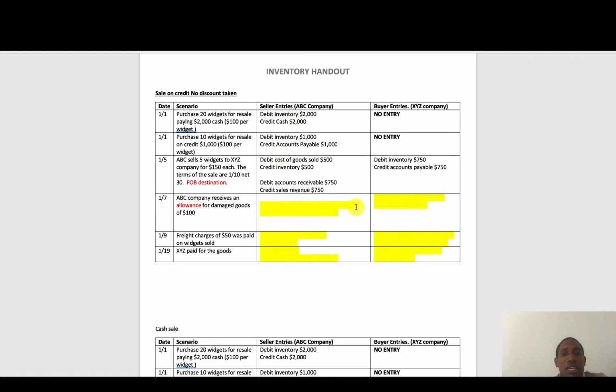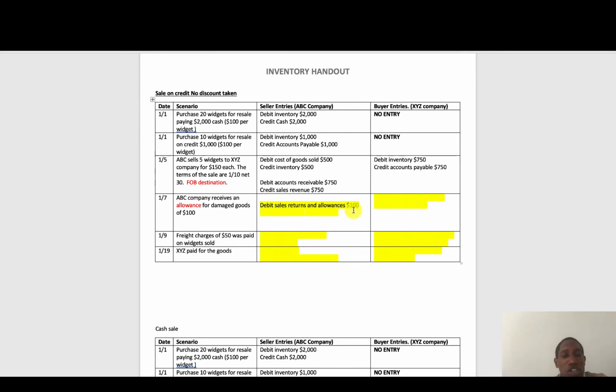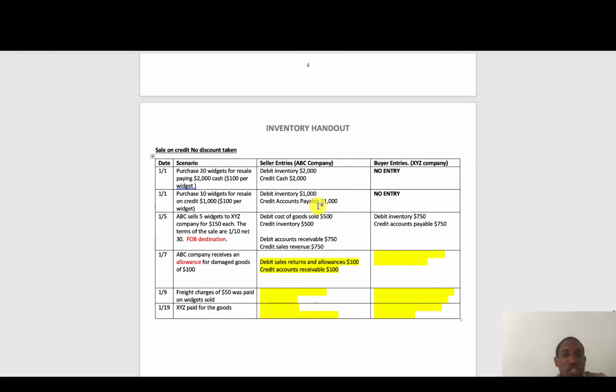What's going to happen is we're going to debit sales discounts and allowances for $100, and then we're going to credit accounts receivable for $100, because we're telling the customer you now owe us $100 less. The $100 that you would have had to pay us, you don't have to pay because we're giving you an allowance.